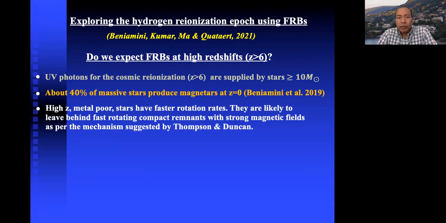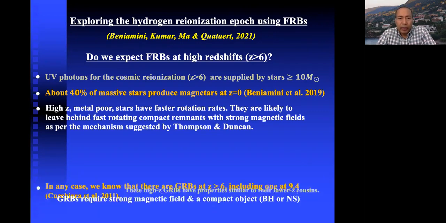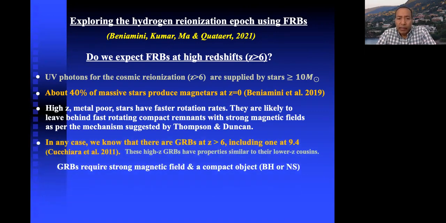At high redshift, the stars are metal poor, faster rotating, and they are more likely to leave behind a rapidly rotating neutron star remnant and a strong magnetic field. And in any case, we know that there are gamma ray bursts at redshift greater than 6, including one at a redshift of 9.4.